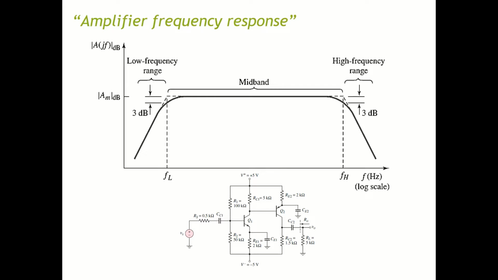That means the frequency is low enough that those internal capacitors don't show up. Basically, in this plot here we have three main regions: the low frequency region, the high frequency region, and the midband region.